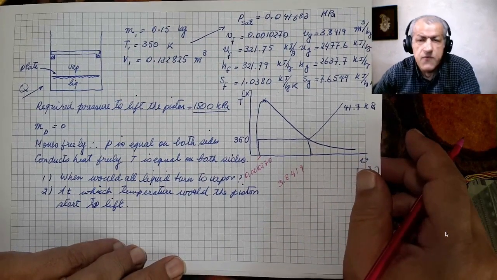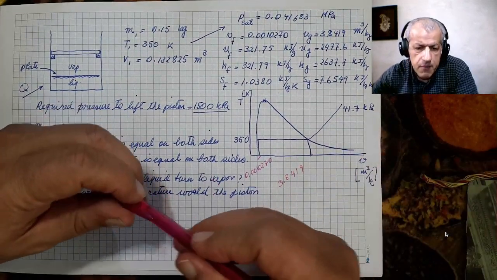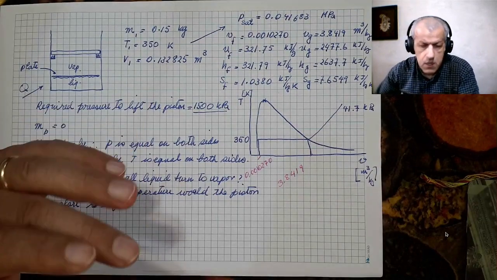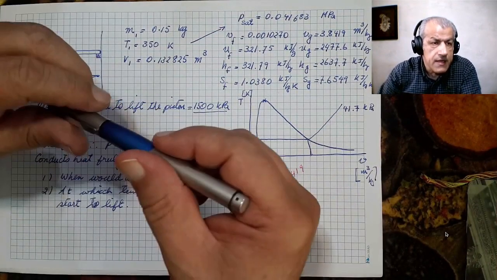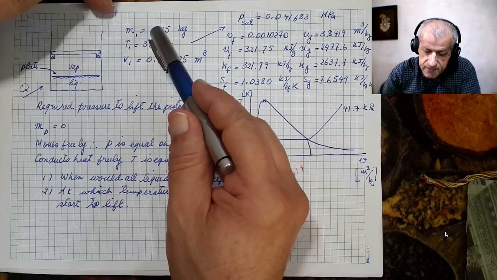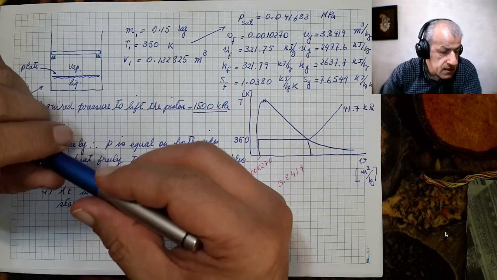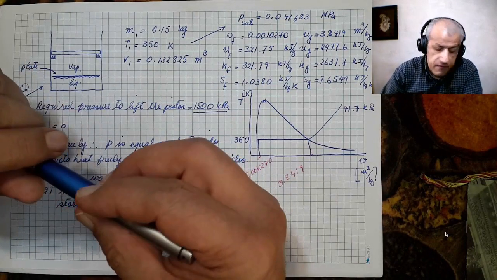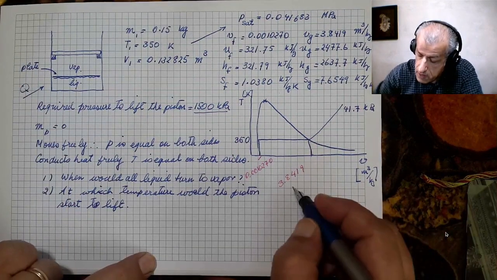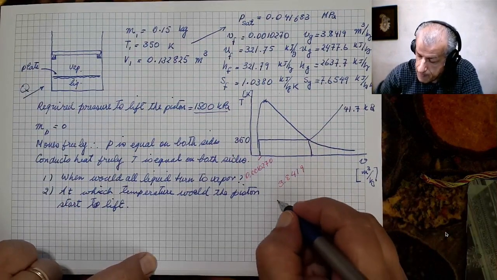Now, just to find out where our problem is, what we should do is to calculate. We have the mass, we have the volume, and so we could just divide them and find where our initial point is.